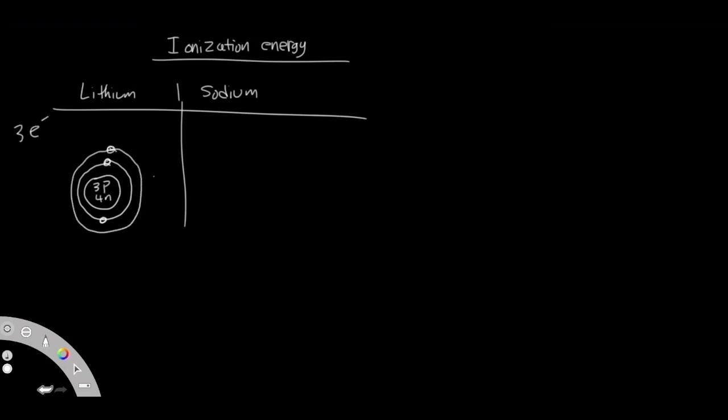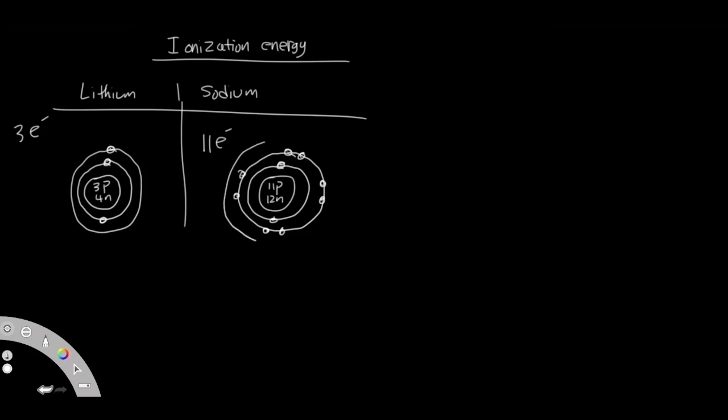Sodium has 11 protons, so there'll be 11 electrons, and 12 neutrons. 1, 2, 3, 4, 5, 6, 7, 8, 9, 10, and 11.